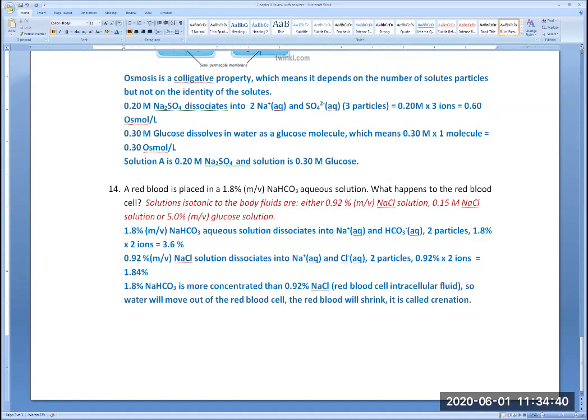And actually, what I wanted to say is there is a name for that. It's hypotonic or hypertonic or isotonic. So here we found that the solutions are not isotonic, right? This 1.8% NaHCO3 is not isotonic. It's more concentrated than that. So can you tell me, do you know if it's hypertonic, hypotonic, or isotonic to the other solution? If you've learned that or not.